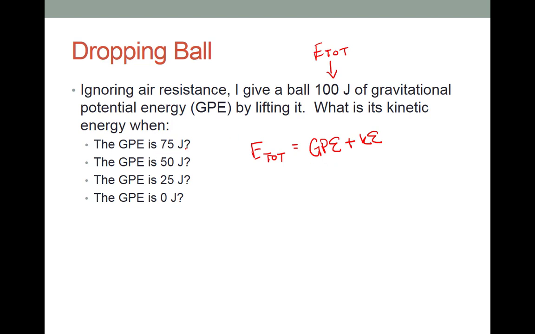So if the GPE is 75 joules and my total is 100, that means that the kinetic energy has to be 25 joules. If GPE is 50, then kinetic has to be 50. If GPE is 25, the kinetic has to be 75. And if I have no GPE left at all, then kinetic has to be 100. And in each of the four cases, my GPE and my KE add up to my total energy of 100 joules.